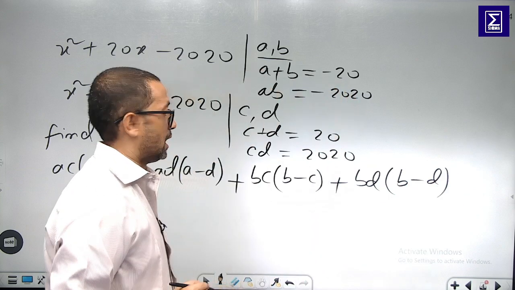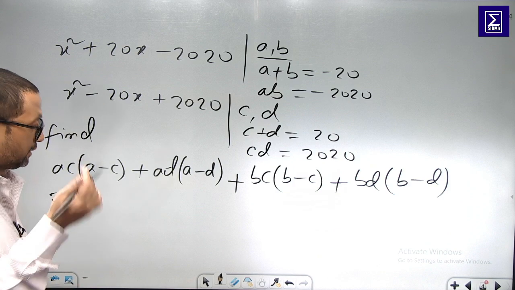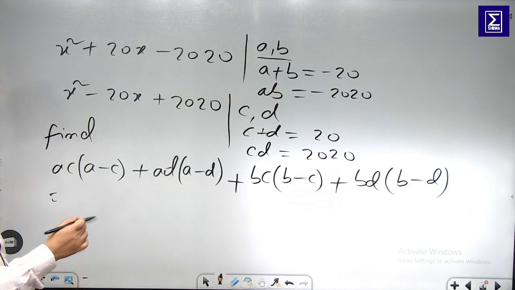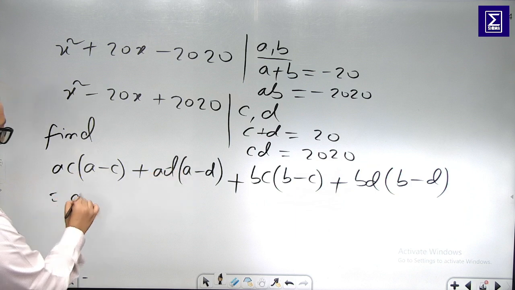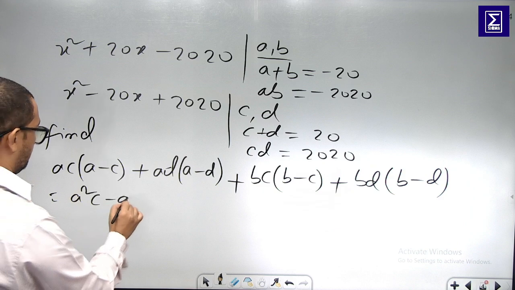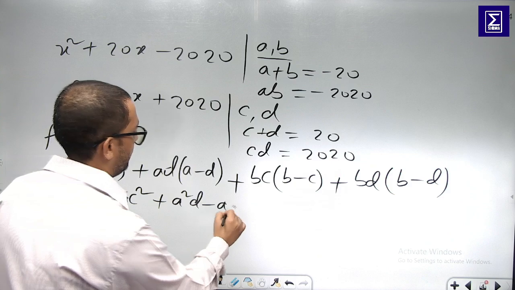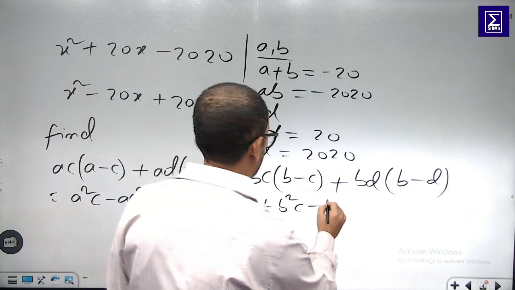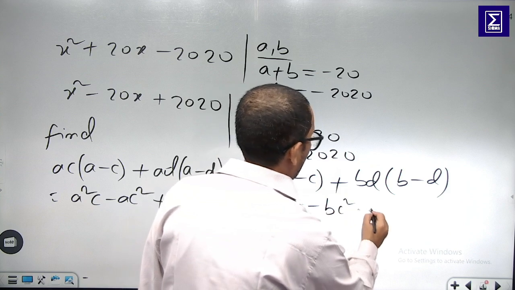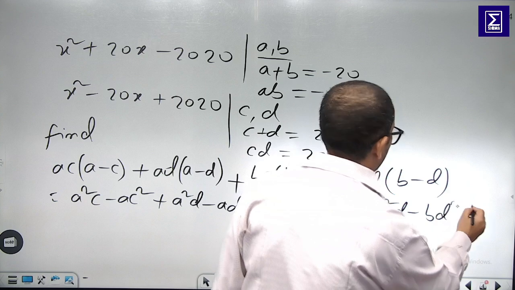The very first step that comes to our mind is to open the bracket. If you open the bracket, we get a square c minus ac square plus a square d minus ad square plus b square c minus bc square plus b square d minus bd square.